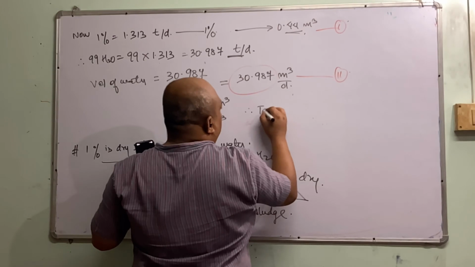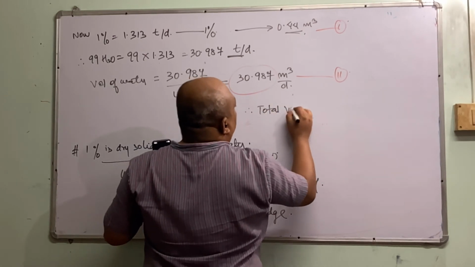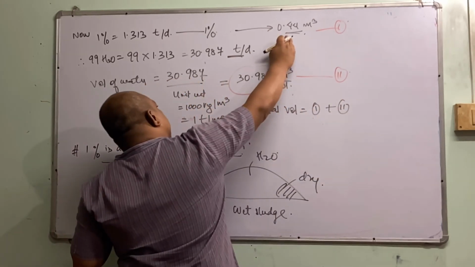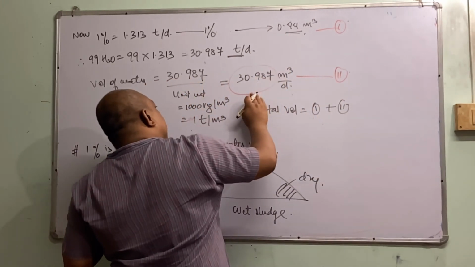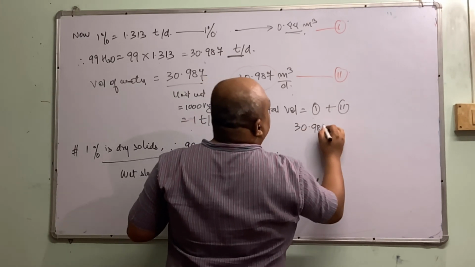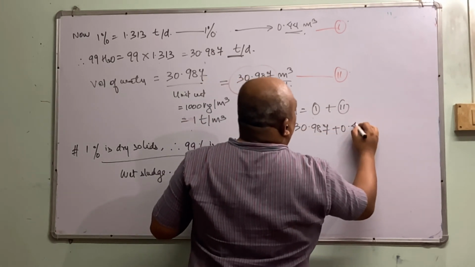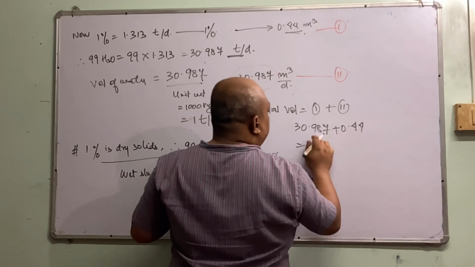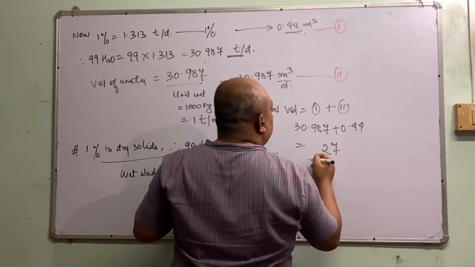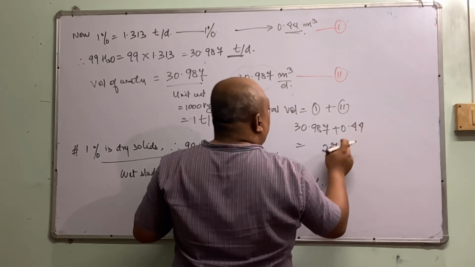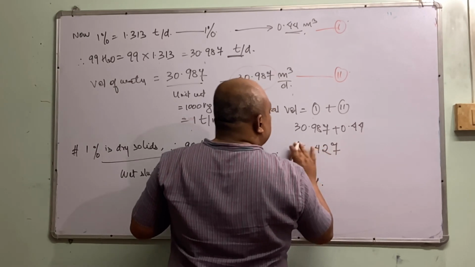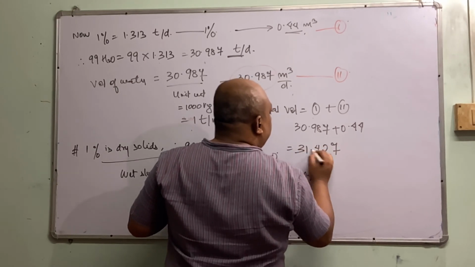Therefore, total volume is equal to 1 plus 2. This is the volume created by the dry solids, and this is the volume created by the water.